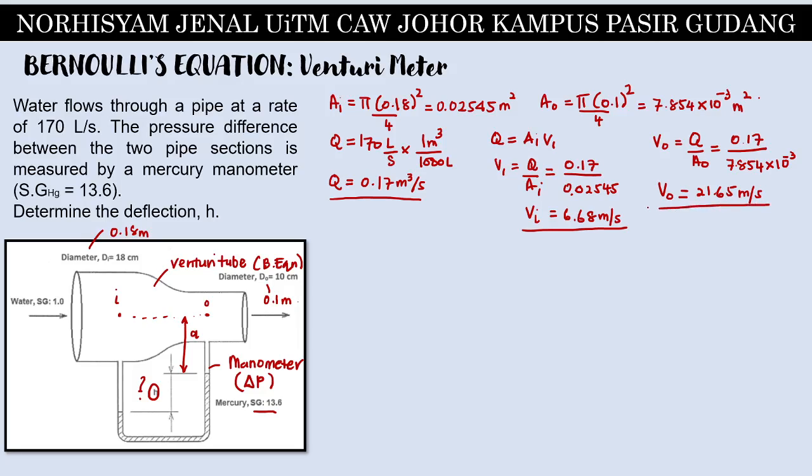Alright. So now we can do the Bernoulli equation, and since we want to get the answer for H over here, we need to get it in terms of P1 minus P2 so that we can compare with manometer. Alright, so the connection between these two is delta P. Okay, so to calculate P1 over rho g, we use a normal Bernoulli equation.